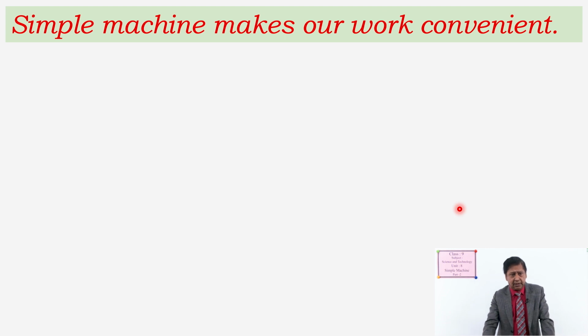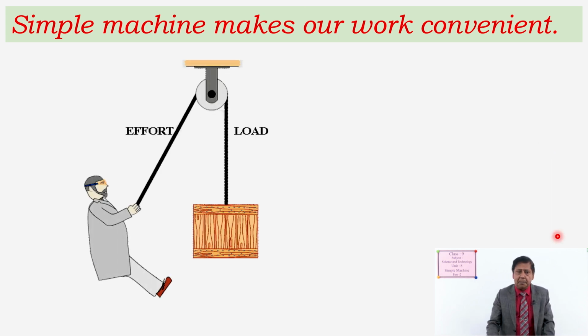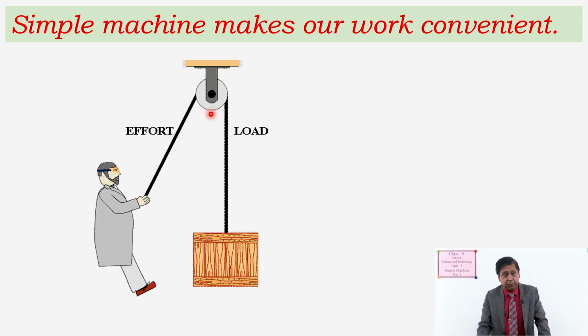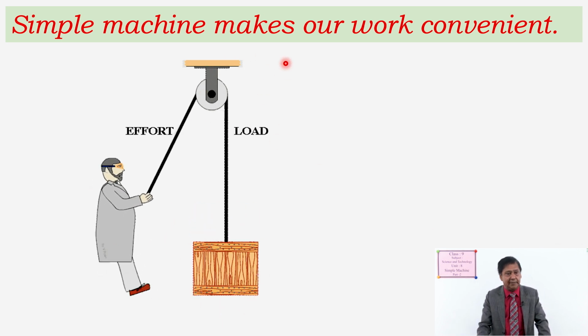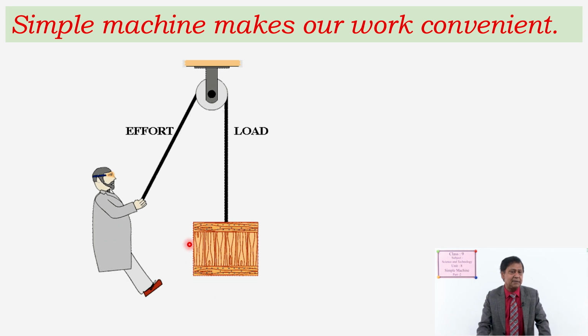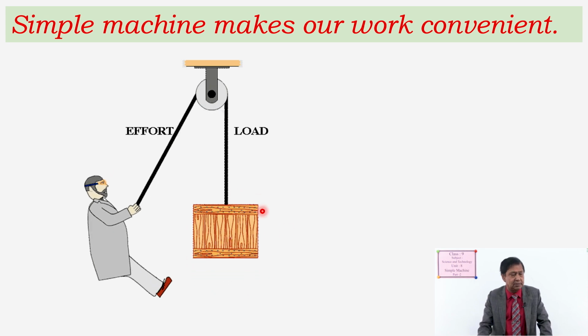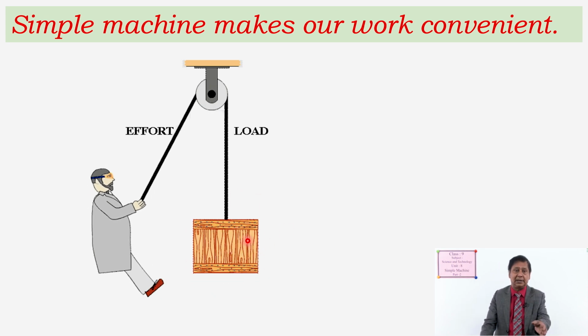Now let's see another point, how a simple machine makes our work convenient. I want to show a small video clip. In this video clip, a man is using a pulley to raise a heavy load. Without the pulley, if he wants to raise this heavy load, the direction of force will be vertically upward.